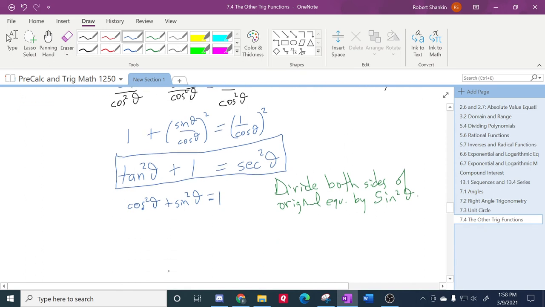Okay, and then I'm going to divide both sides by sine squared. Okay, now this becomes just 1.